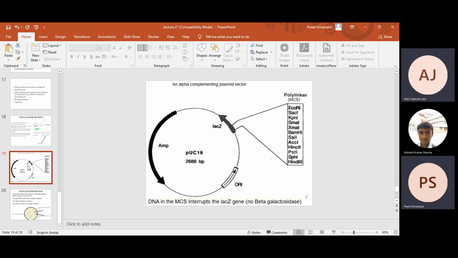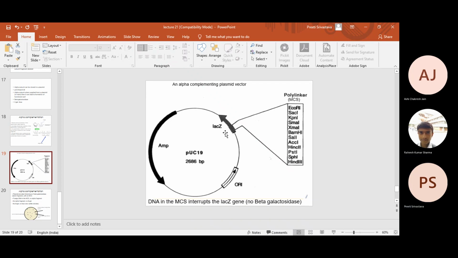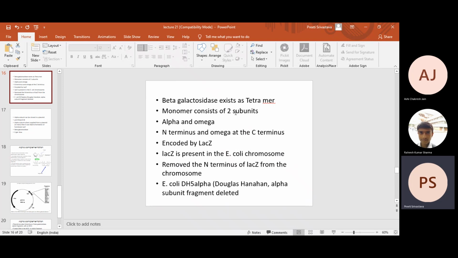Right. So the plasmid that we use is, for example, pUC19 or pUC18, and what you can see is that lacZ is already not in a plasmid. So I told you, let's go back. Douglas Hanahan's strain. See this. What he did was, the lacZ consists of two subunits, alpha and omega.